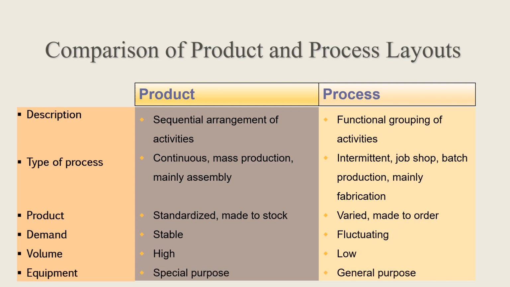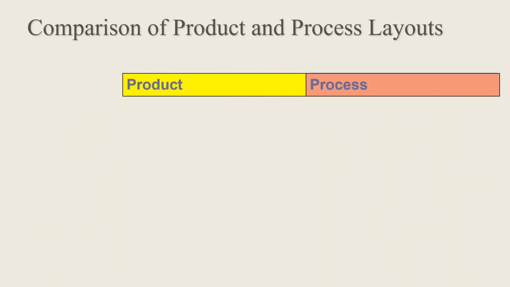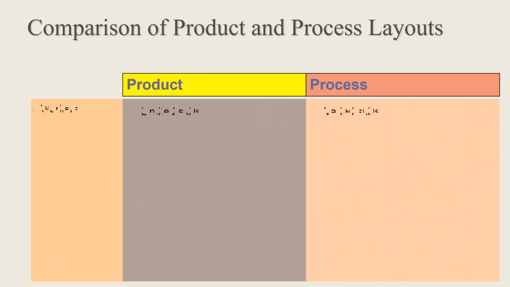The equipment used in the product layout is specialized machines, which means you are using them for a special purpose. Equipment in the process layout is more general. So you can see some more differences between the product and process layout in this slide as well.